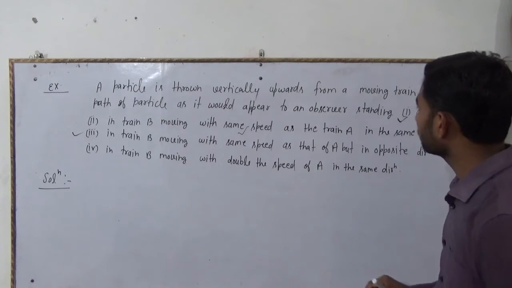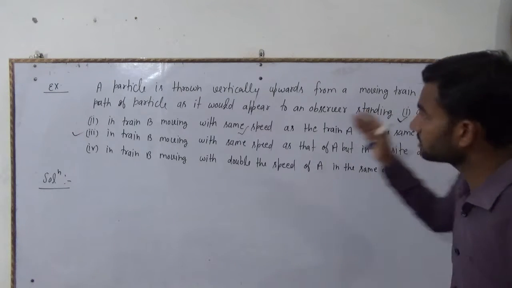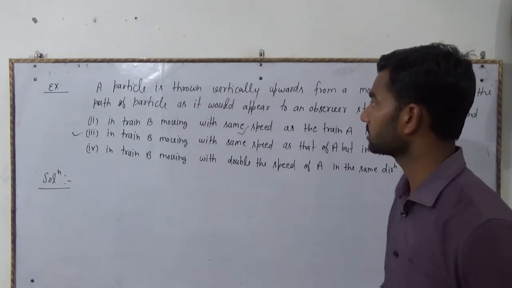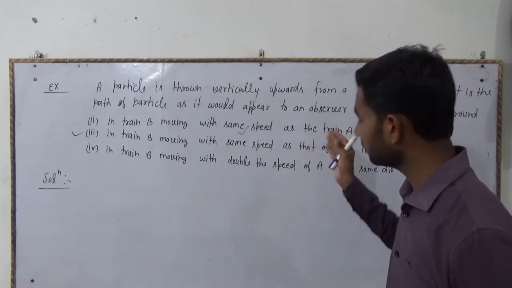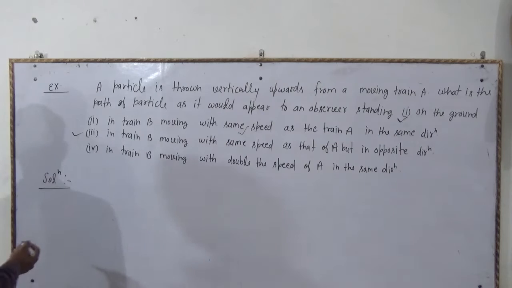Firstly, the condition is when the observer is standing on the ground. Then what is the path of the particle as it would appear to the observer?